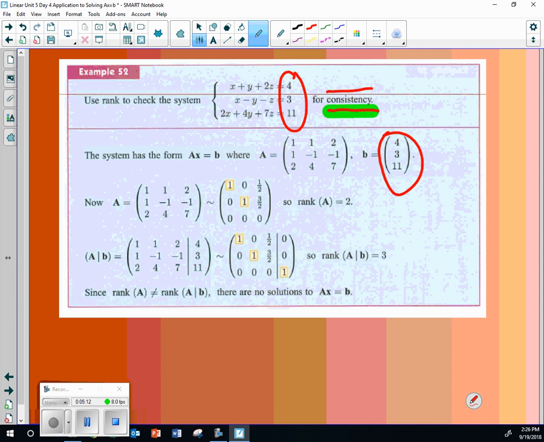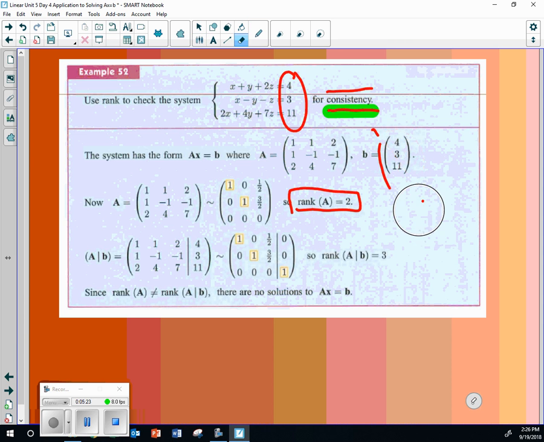So it looks like A is going to be equal to 2. Rank of A is equal to 2, because when you don't put B in the picture, you're going to get a rank of 2. When you do put B into the picture, we do an augmented matrix. We just tack that on there, then do the reduced row echelon form, and what do you see happens?